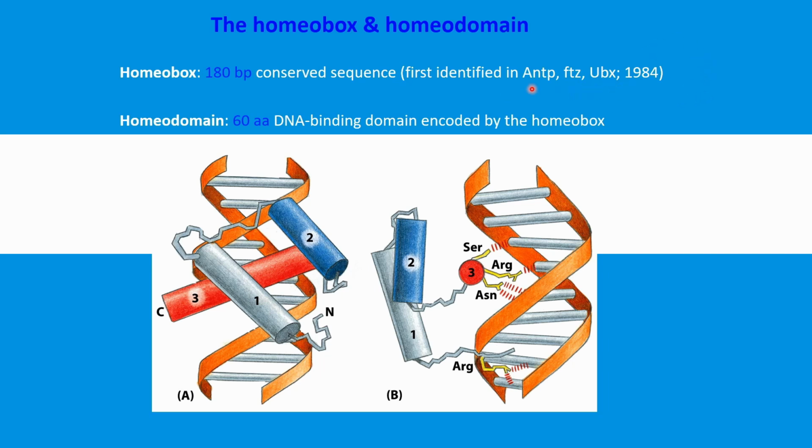And in other genes, the same sequence is present, right? And it's recognized by a homeodomain transcription factor, and the homeodomain itself is a 60 amino acid protein domain that binds to DNA that has the homeobox.